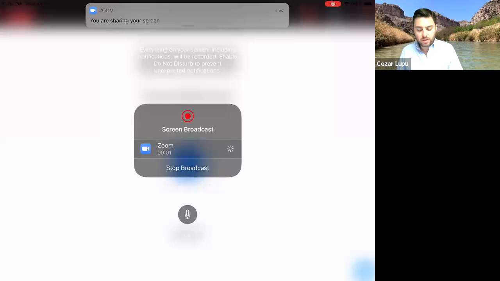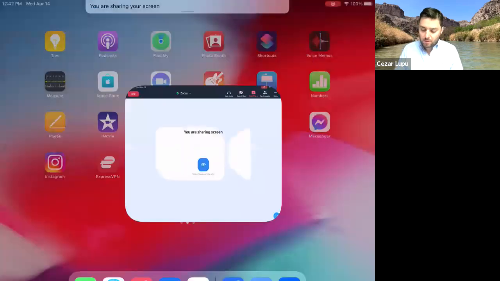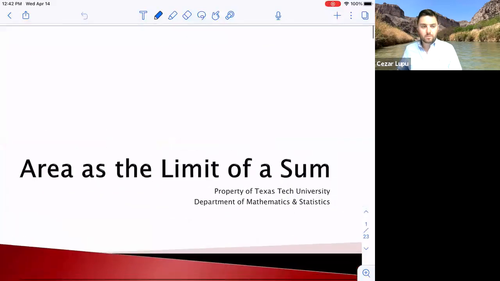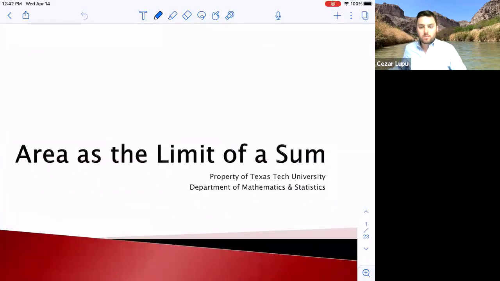So first, I would like to start with some notation. Before I even talk about the limit of a sum, I would like to see what a sum is all about.